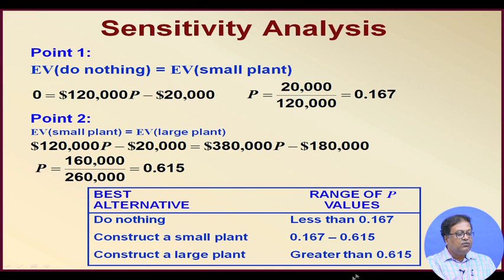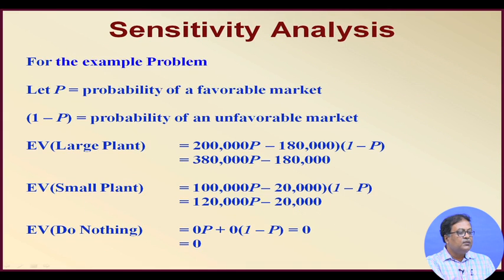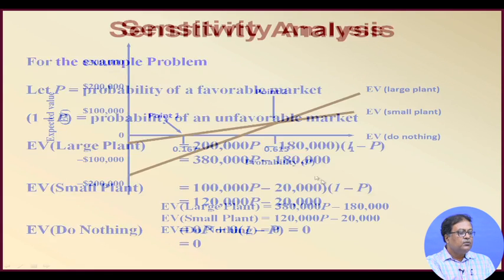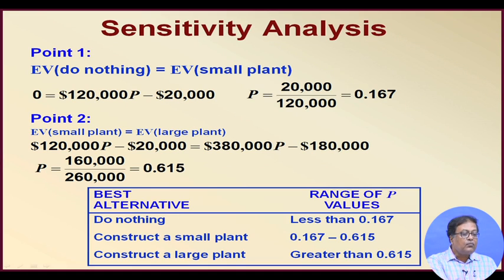Then we get this decision matrix: the best alternative is do nothing if P is less than 0.167, construct a small plant if the probability is between 0.167 and 0.615, and construct a large plant if the probability is greater than 0.615. This is important because P is the probability of a favorable market. So, when the favorable market probability is less than 0.167, you take one decision.